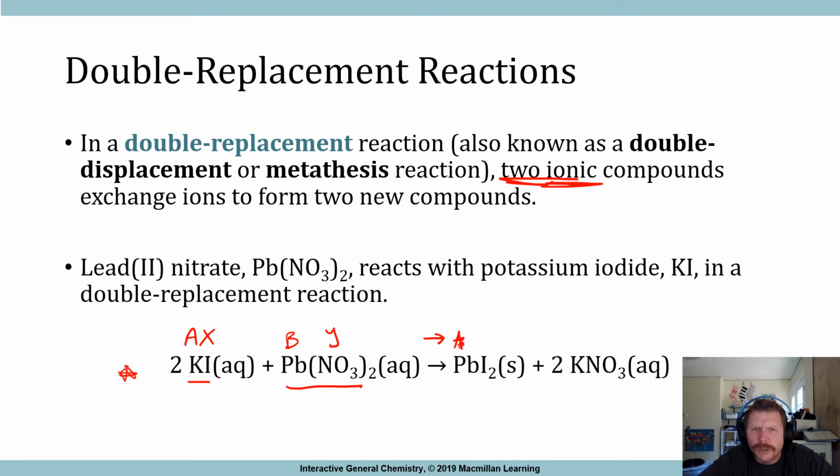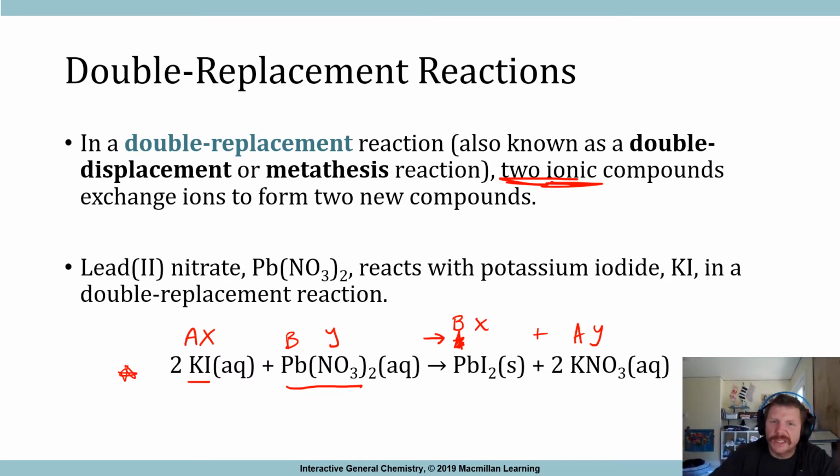So let me make sure that I'm using my symbols right. We're going to produce BX plus AY. So we're just taking 2 ionic compounds and then switching the ions. When previously a cation was paired up with this anion, now it's paired up with a different anion.